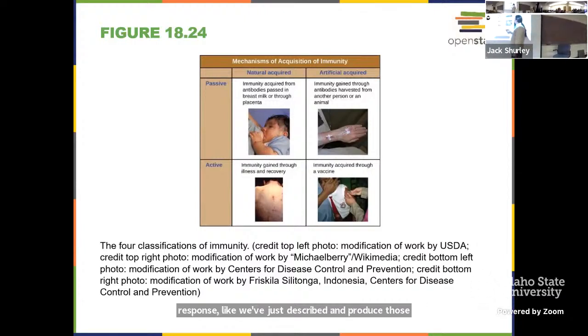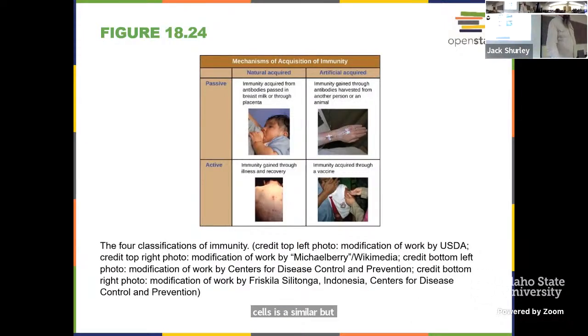That gives you this active, natural immunity, and the ability to potentially respond later. And then the artificial active would be a vaccination where you are mounting that response, as opposed to this, where it's just the antibodies. Now you're producing those antibodies and keeping those cells. It's a similar but different idea, all right?